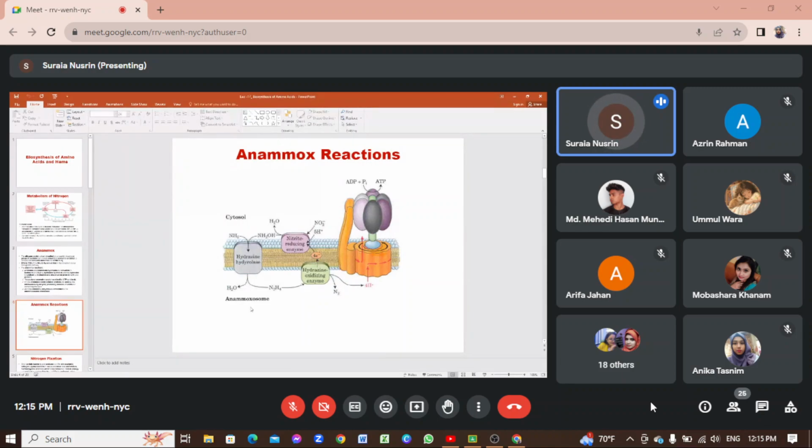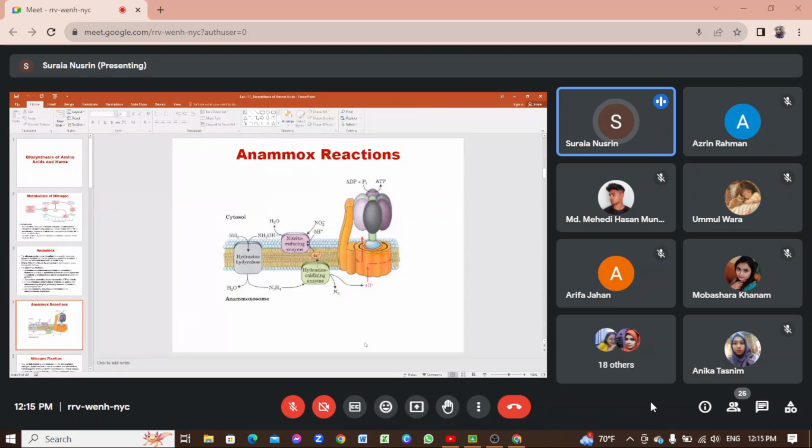They undergo a reaction with the enzyme hydrazine synthase, doing the hydrolysis, and we get hydrazine, N2H4, happening in the anammoxosome, and water is released. This hydrazine then undergoes an oxidizing reaction by the hydrazine oxidizing enzyme, where we can see the release of the nitrogen.